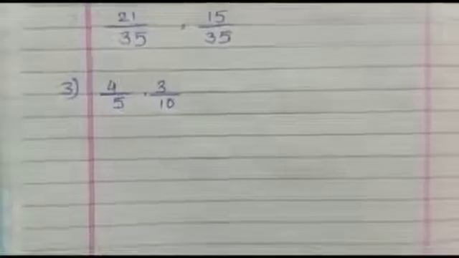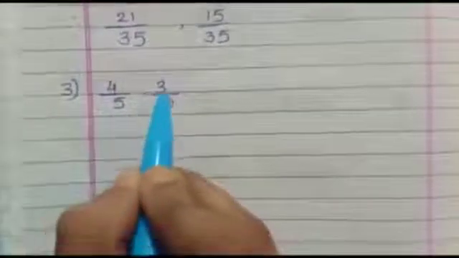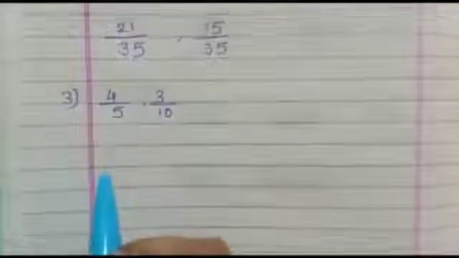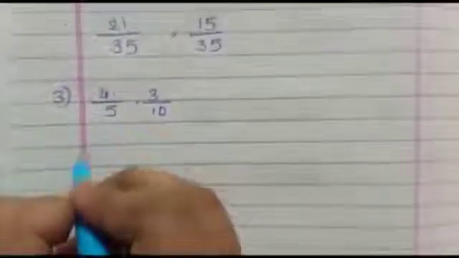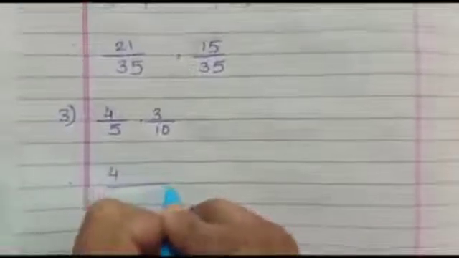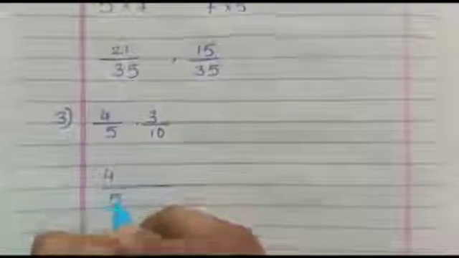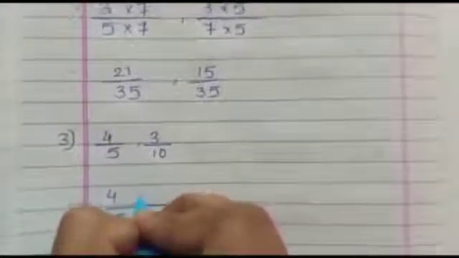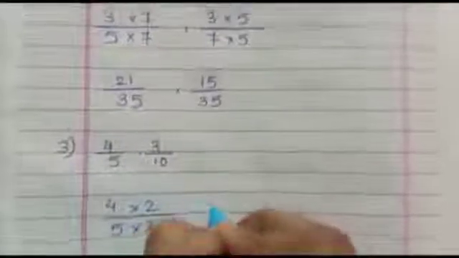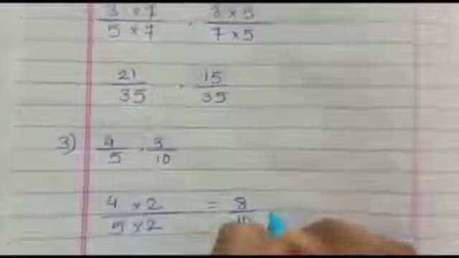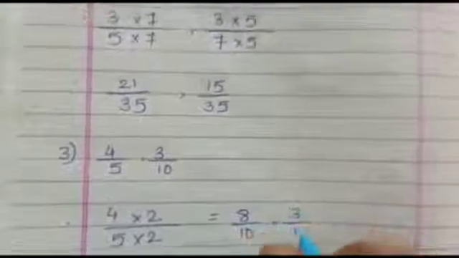Now students, look at the third one. It is 4 upon 5 comma 3 upon 10. Now 10 is divisible by 5. Yes, 5 2s are 10. So therefore 10 5 के टेबल में आता. So you have to do 4 upon 5: 10, how many 5s? 5 2s are 10. So here also you will write it as 4 2s are 8, 5 2s are 10, comma 3 upon 10.